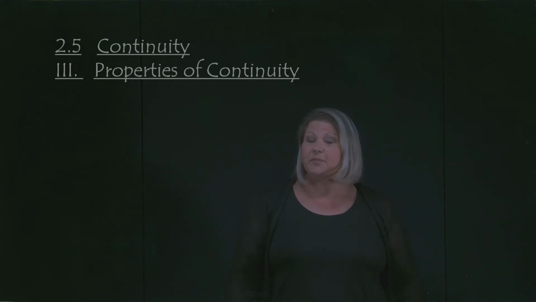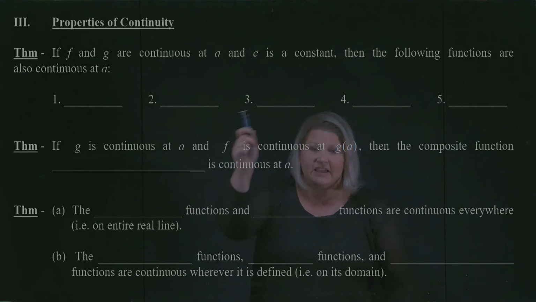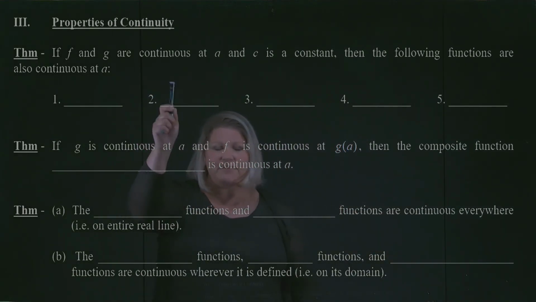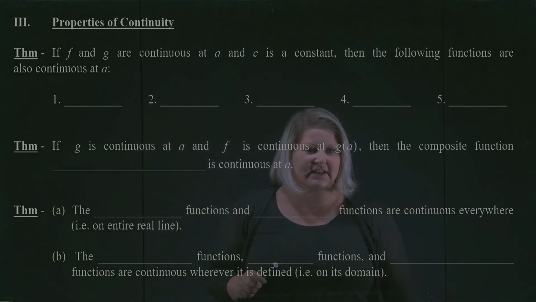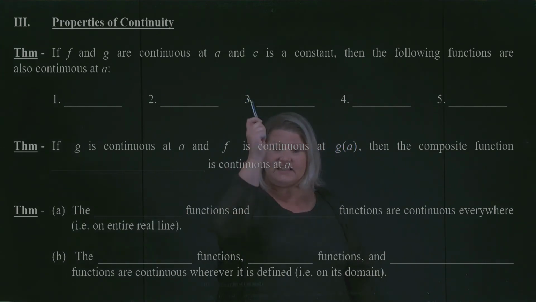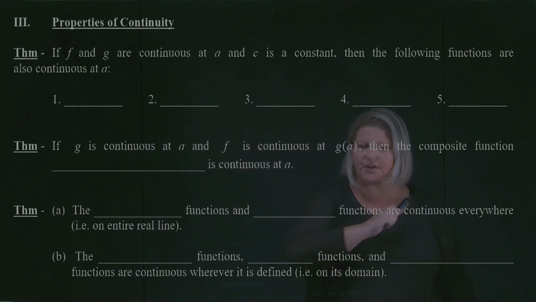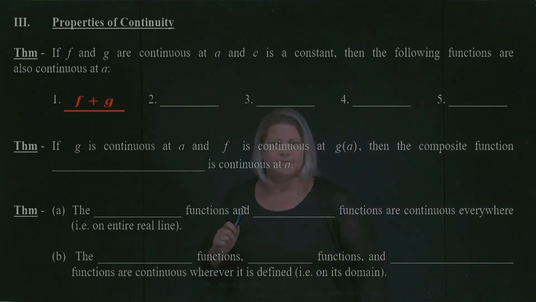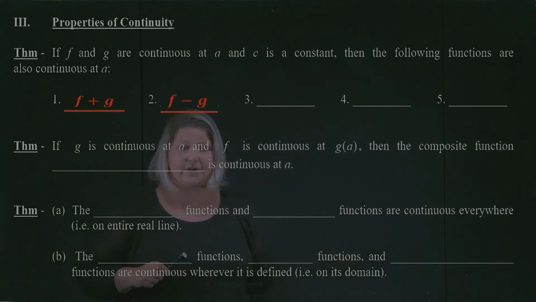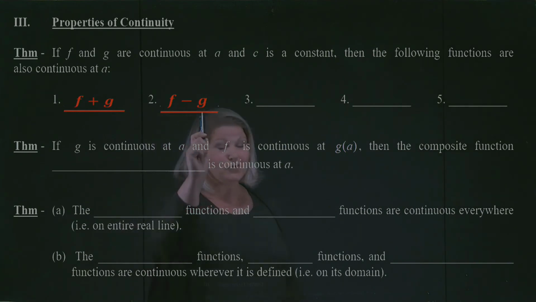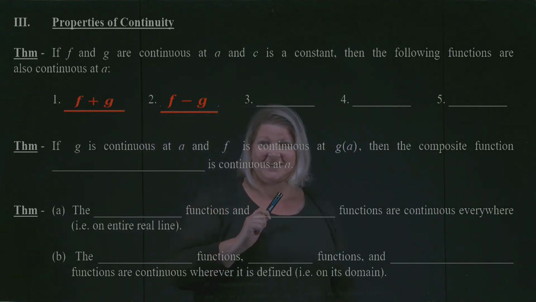Next, let's look at the properties of continuity. If I have two functions, f and g, and they're continuous at a, and c is a constant, then the following functions are also continuous at a. I can add those functions and they'll be continuous. I can subtract those functions and they'll be continuous.